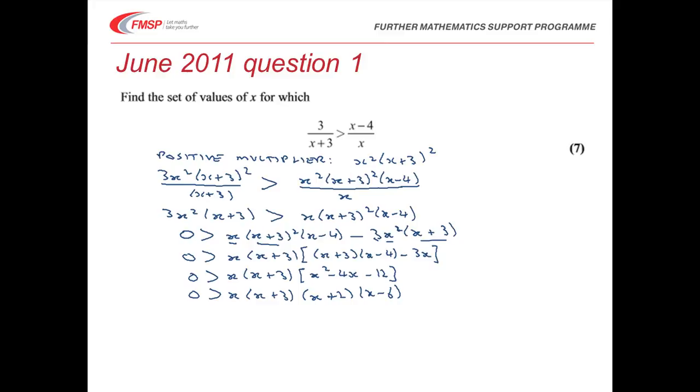So the key thing to do now is to sketch this quartic polynomial. So we'll see what it looks like. It doesn't have to be an accurate sketch, but I can see that this quartic will cross the x-axis at the origin, minus 2, minus 3, and 6.